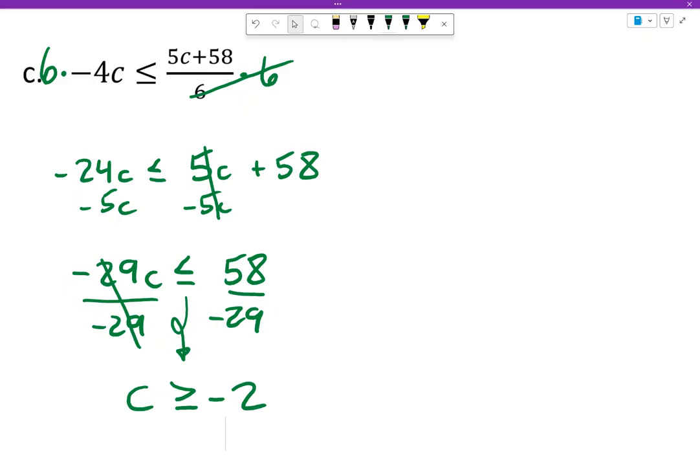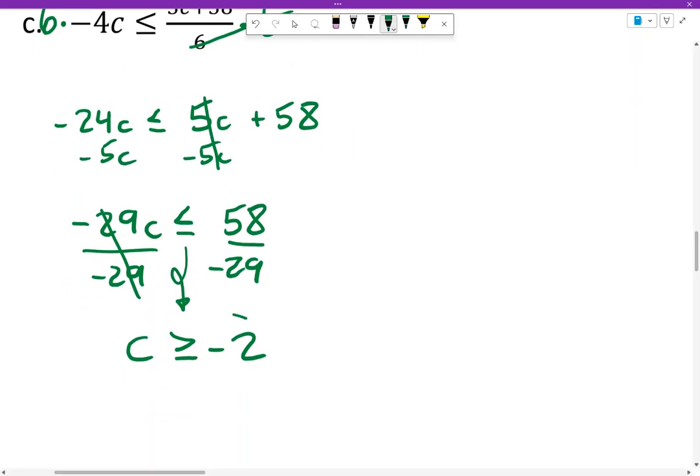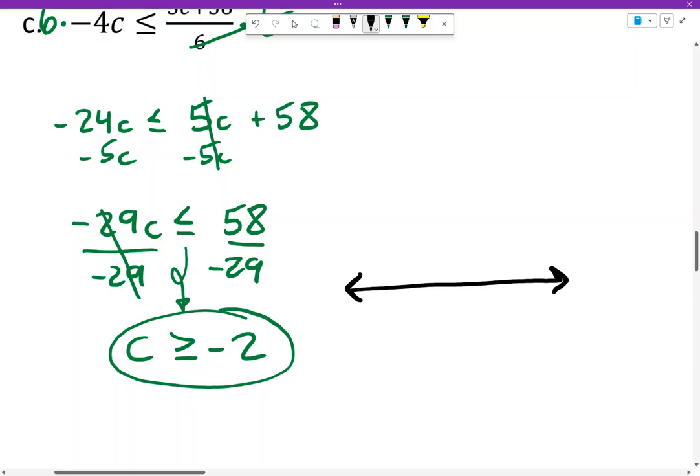Okay, now we must graph. So on a number line, we want to focus our attention on negative 2. Now for negatives, it's even more important to add some numbers for context because remember they go kind of in the opposite direction. So we have negative 3 and negative 1.